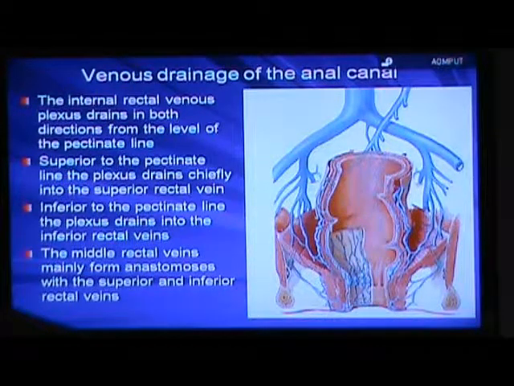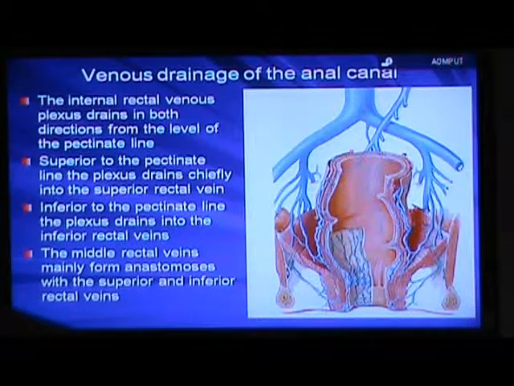The internal rectal venous plexus drains in both directions from the level of the pectinate line. So, superiorly to the pectinate line, the plexus drains chiefly into the superior rectal vein, and next to the inferior mesenteric vein.